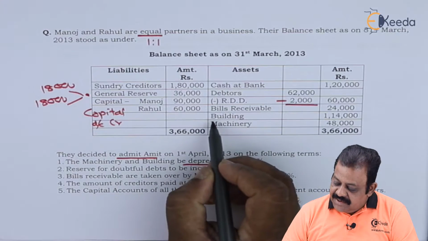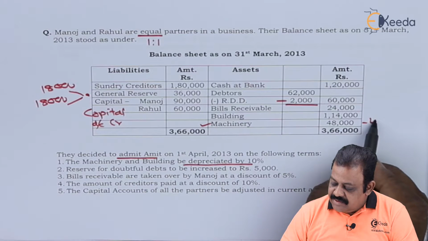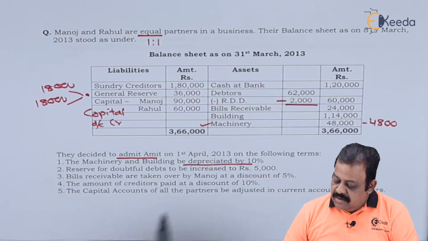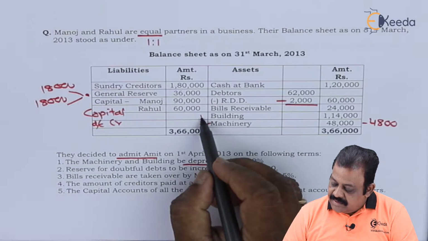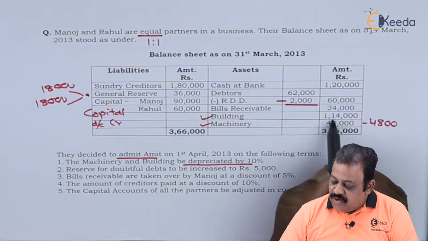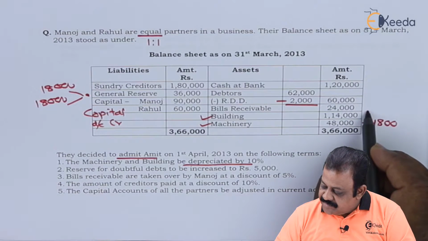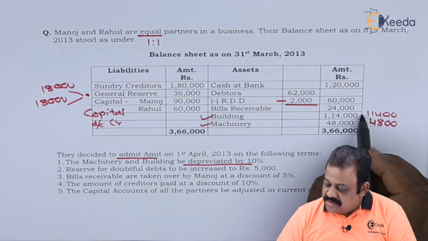Machinery, here we have 48,000. It will be reduced by 4,800. Building, 1,14,000. It will be reduced by 11,400.